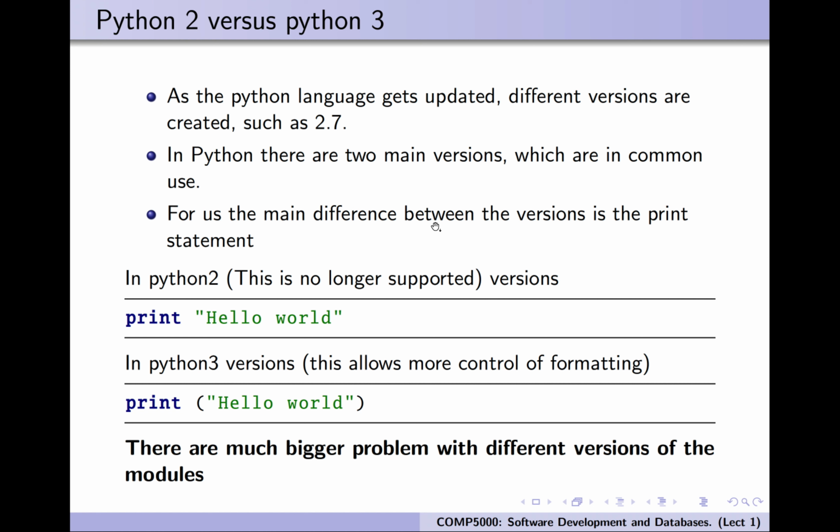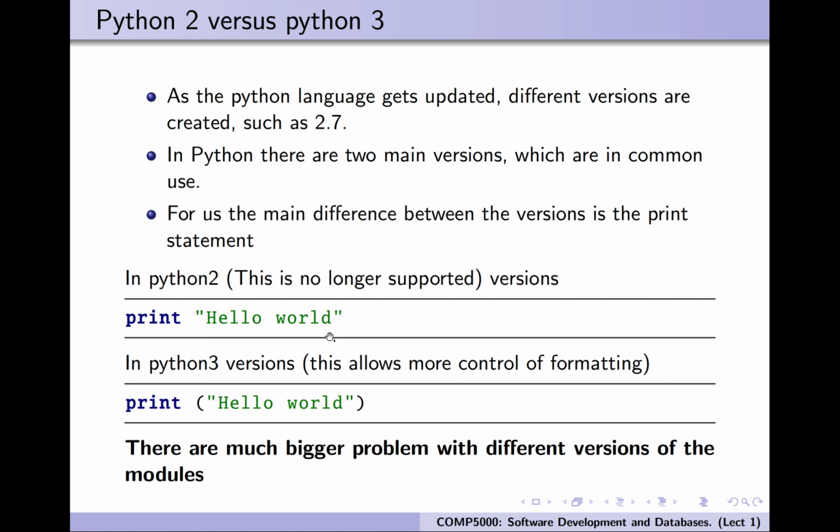The main difference between the two versions is that in Python 2, when you write print, there are no brackets, but in Python 3, there are brackets. I think this allows more control of formatting. It's a bit more systematic, but it does mean that if you use Python 2 code, it won't work unless you replace all these brackets.